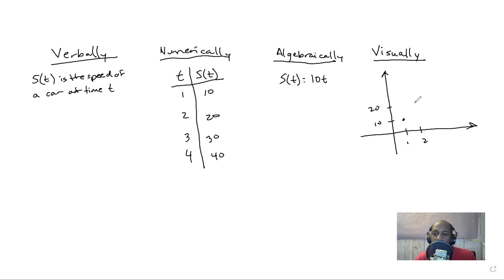T equals 3, S of t was 30. And then I just leave it from there because I drew that kind of small. And so there is how your function looks visually or graphically, if you will.